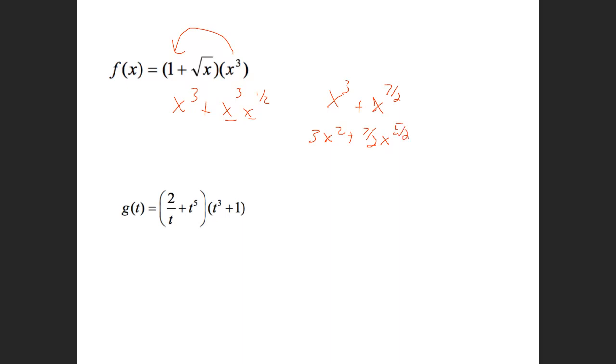Now, if you use the product rule, I would assume your answer is not going to be the same. Actually, it is going to be the same. It just won't look the same. So let's see if it works out.